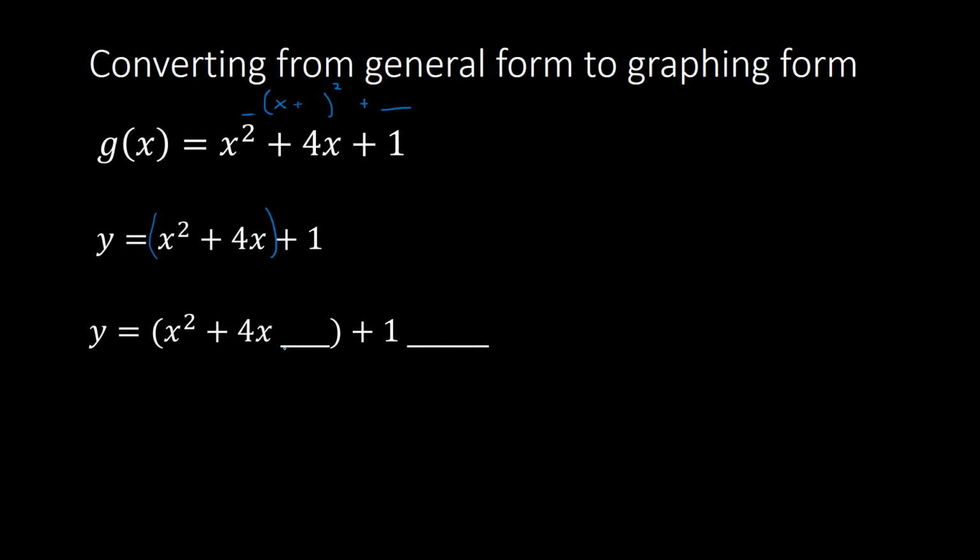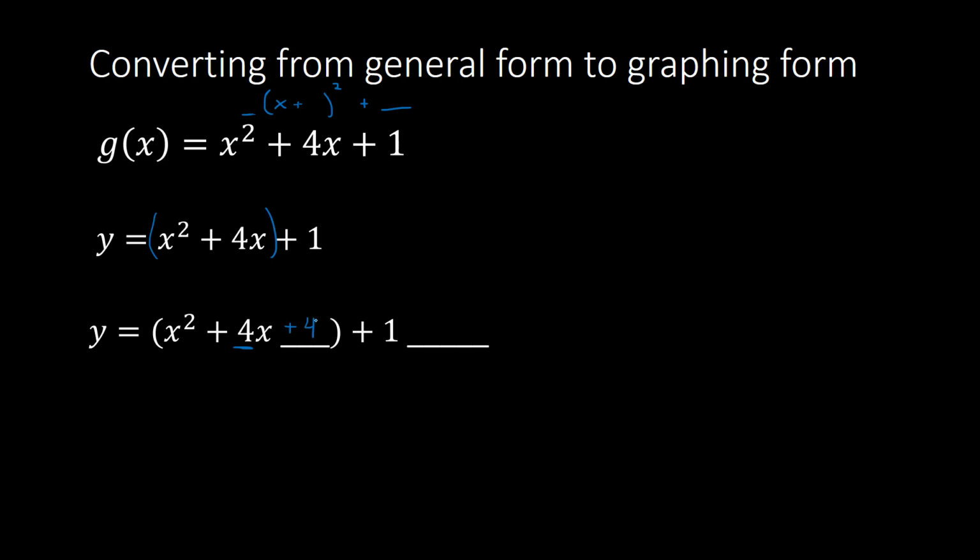So here in parentheses, I'm going to complete the square and make this into a perfect square. So to do that, just like completing the square, I need to take half of this number and then square it. So half of 4 is 2, and then 2 squared would be 2 times 2, which would be 4. So I'm going to add a 4 right there.